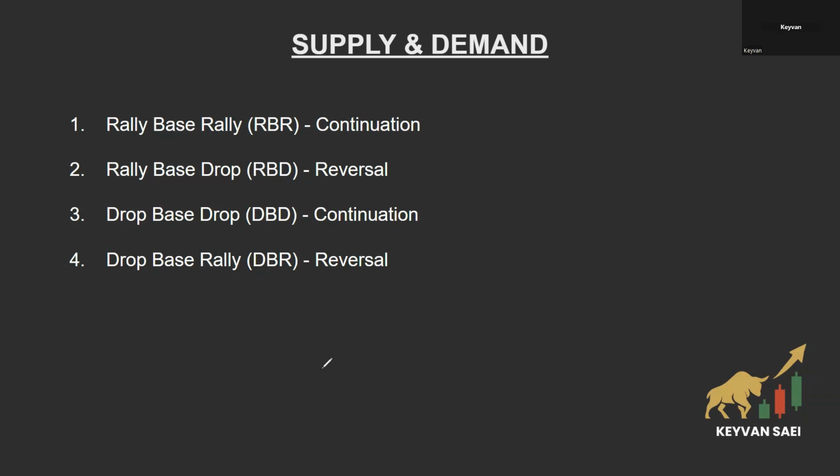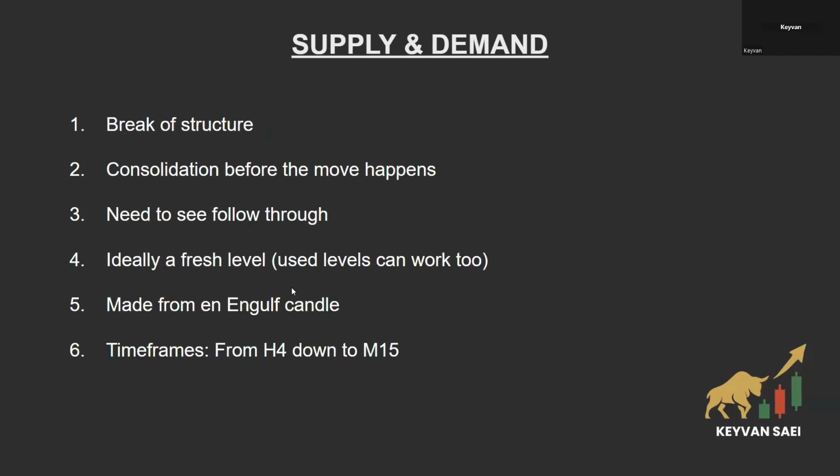So going on to the next key points that I personally use to identify and validate valid supply and demand zones, there are a couple of points. The first one is that the move would have to do a break of structure, right? We need to see a break of structure in order to validate a certain move.